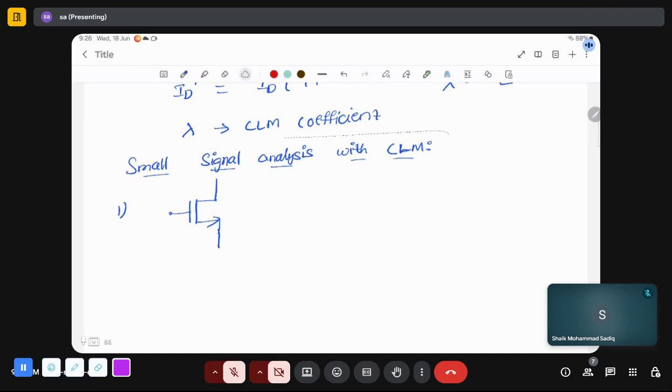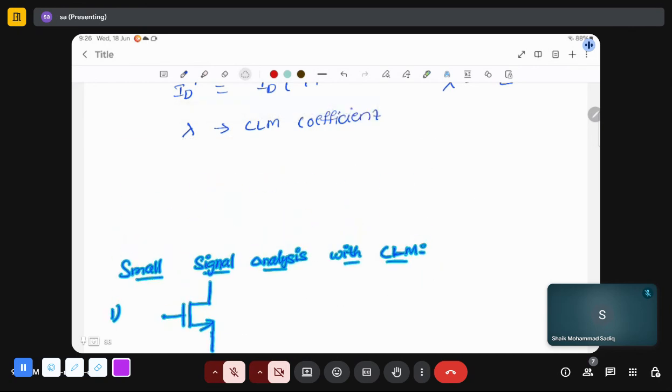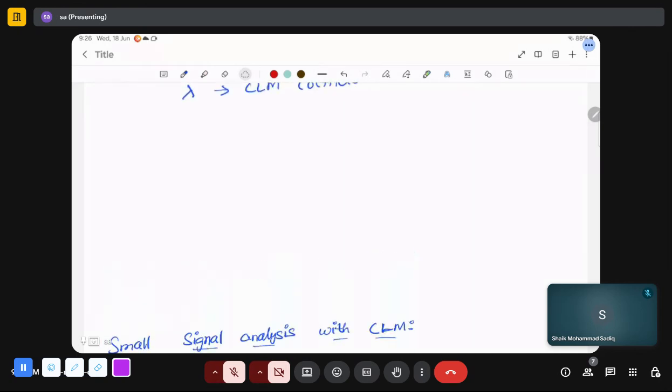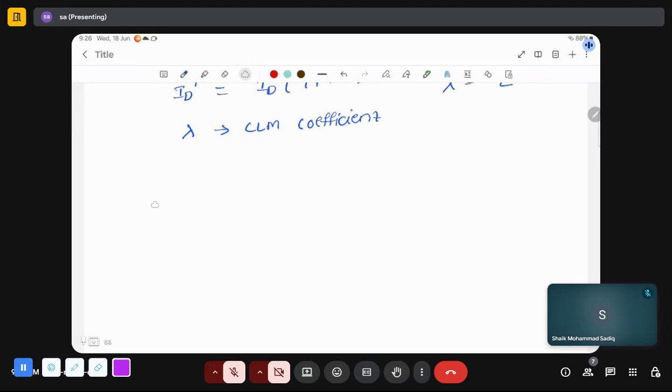Before discussing this, we will just draw the MOSFET equivalent with CLM. Gate, drain, source.